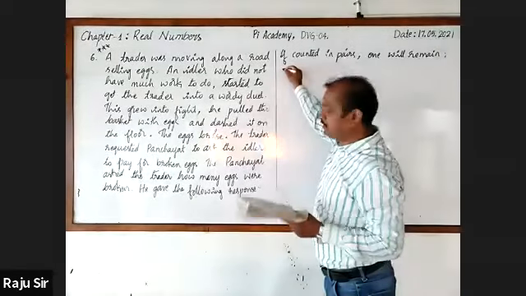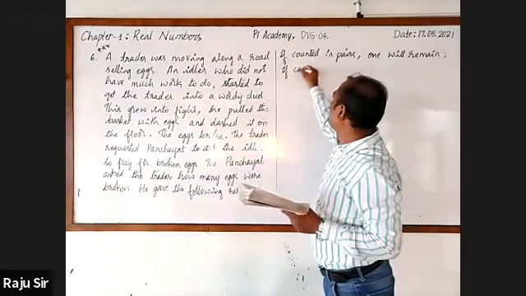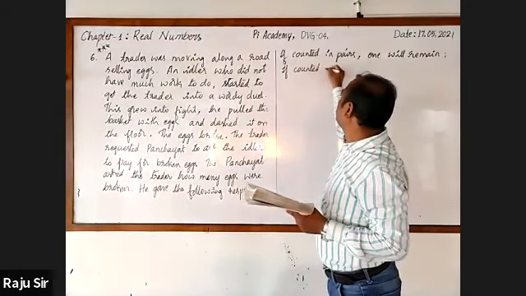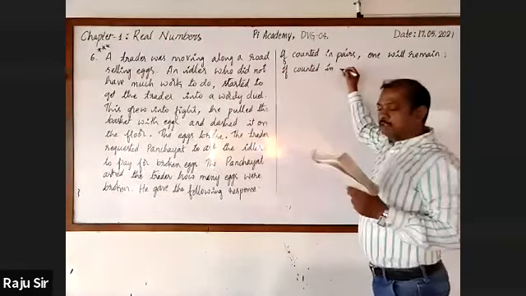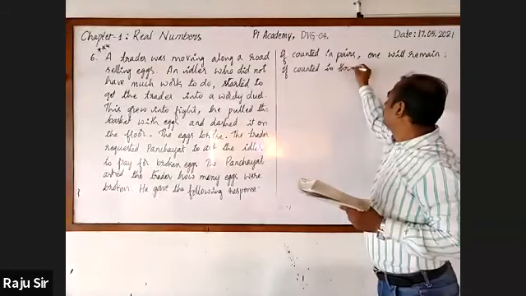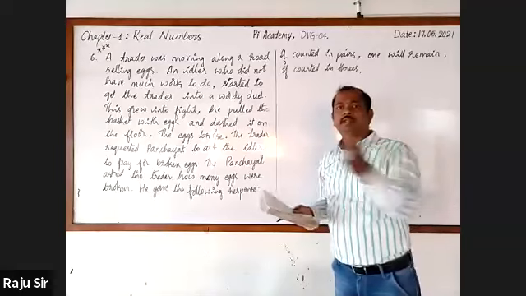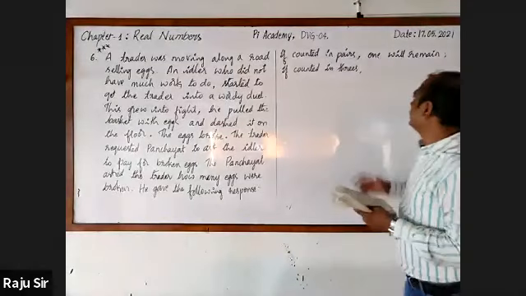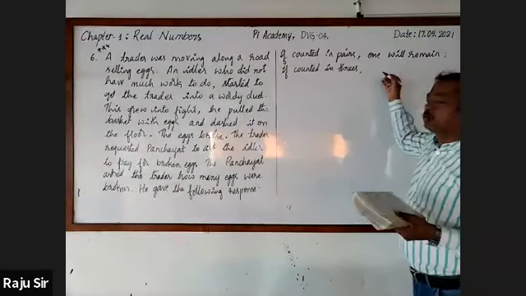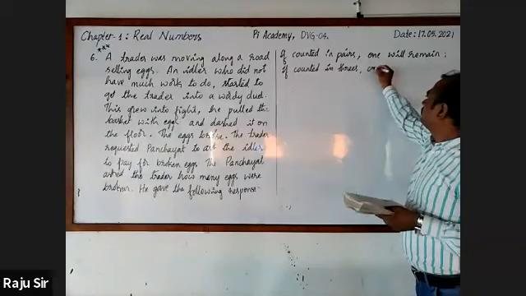Next, if counted in threes, that is, if you go on counting 3, then at last we will get 2. This is the response given by the trader. 2 will remain.